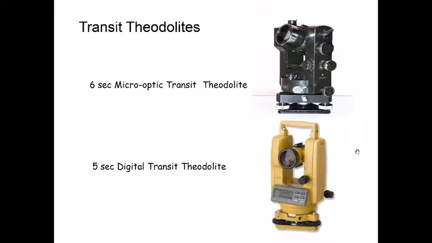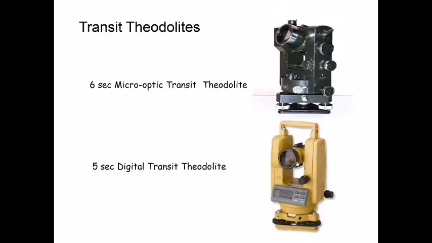Now this telescope was fixed in the case of the auto level, fixed in the sense in the vertical plane. You could rotate the instrument in the horizontal plane, but in the vertical plane the telescope was fixed. But in this case, you can rotate the telescope about the horizontal axis in a vertical plane. So you can move it up and down, and you can view the objects which are above or below the height of the instrument.